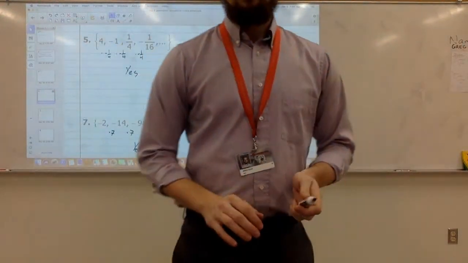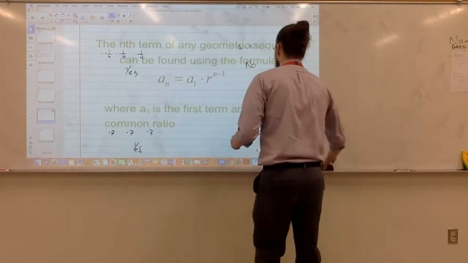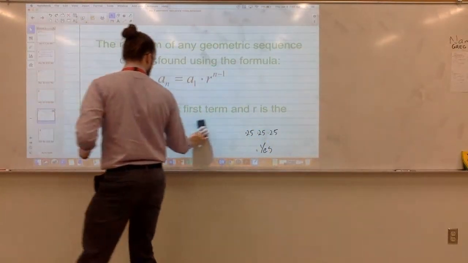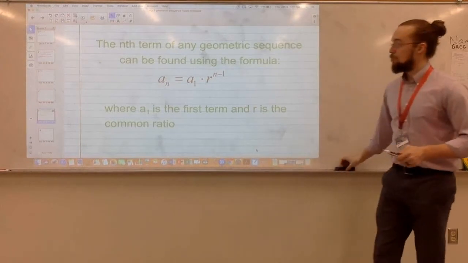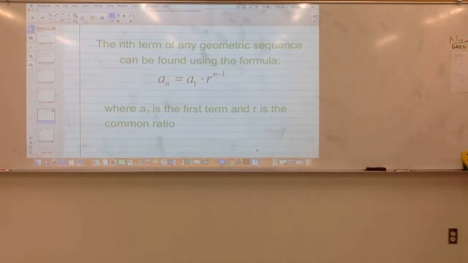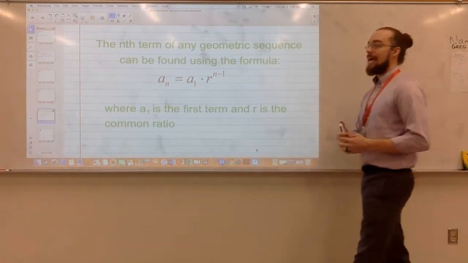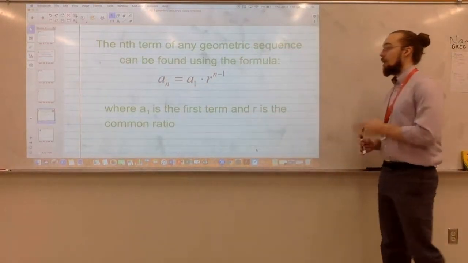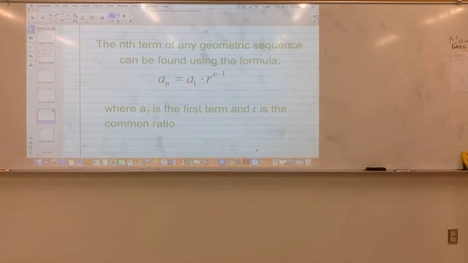All right. Then let's write some rules for geometric sequences. So this rule right here can find any term in a geometric sequence. Right? We say any term is the nth term. So a sub n is a sub 1 times r to the n minus 1 power.